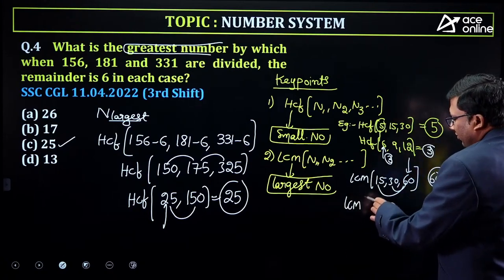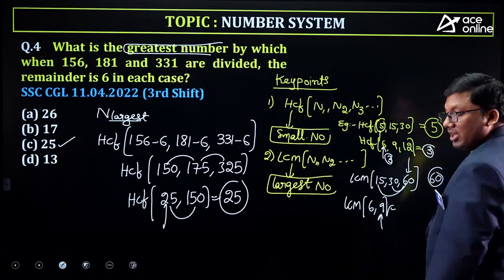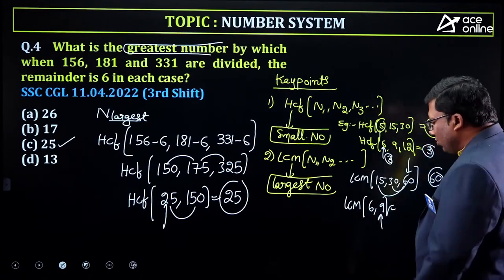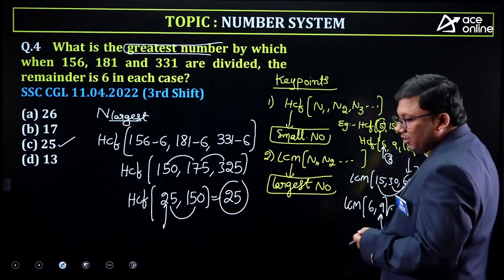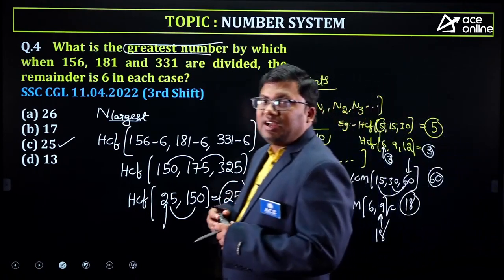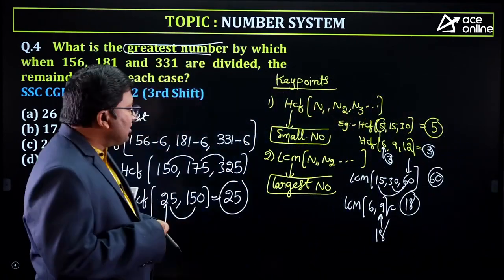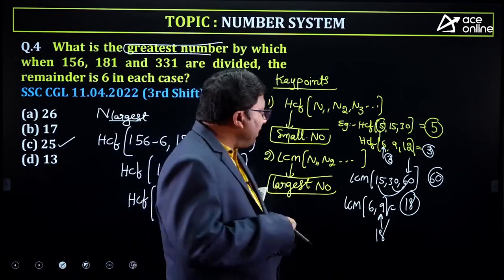If it is, for example, 6, 9: largest is 9. Is 9 divisible by 6? No. Take the next multiple of 9, 18. 18 is divisible by 6. LCM means take the largest number. HCF is take the smallest number. Second point. I hope it is clear.